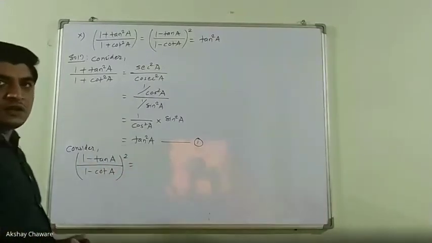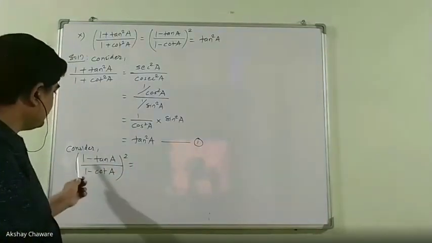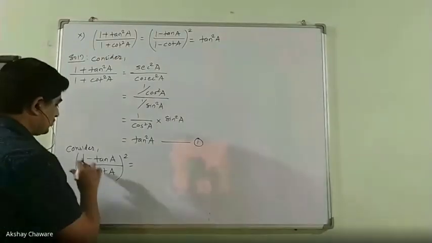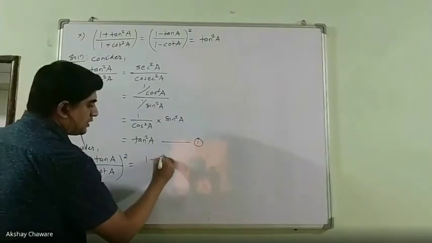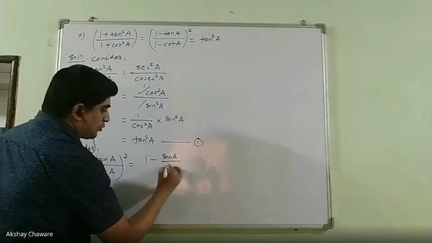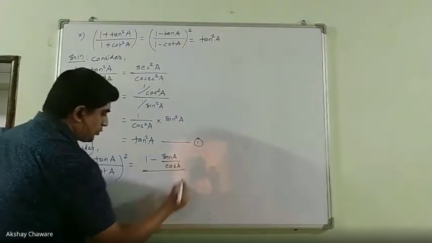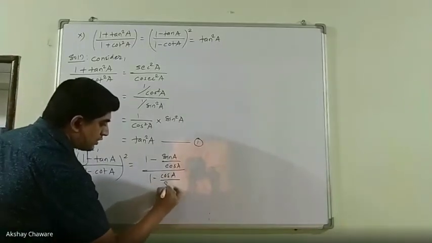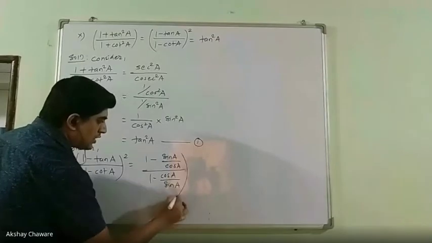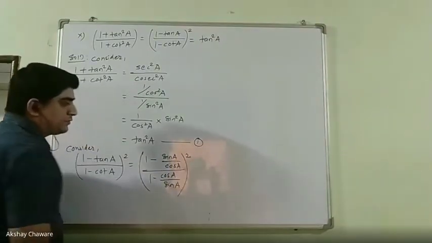Again, let's convert into sine and cos. So 1 minus tan A means 1 minus sine A upon cos A, upon 1 minus cot A, which is 1 minus cos A upon sine A, and this complete whole square.